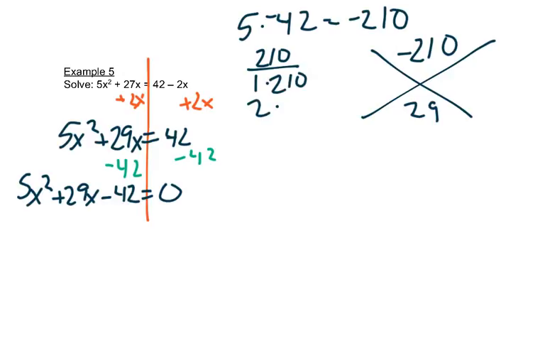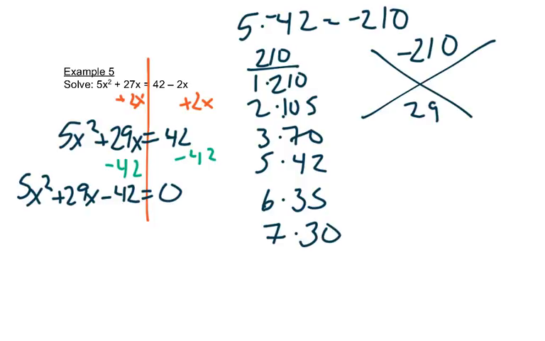So 1 times 210, 2 times 105, 3 times 70, 4 doesn't work, 5 times 42, 6 times 35, 7 times 30, 8 doesn't work, 9 doesn't work, 10 times 21, 11 doesn't work, 12 doesn't work, 13 doesn't work, 14 times 15.